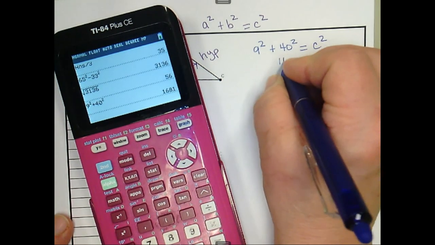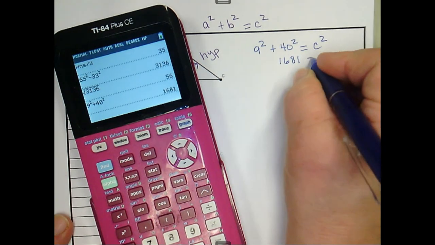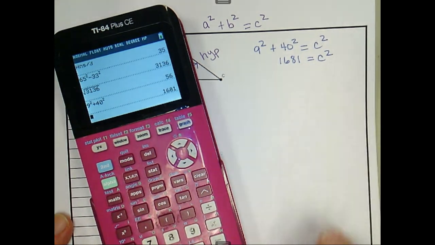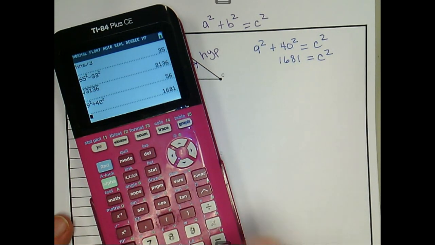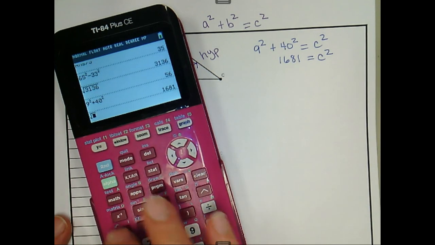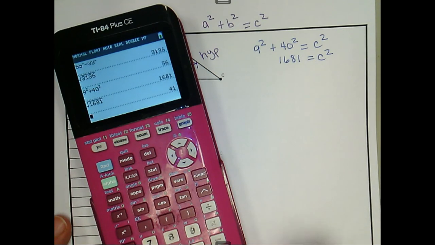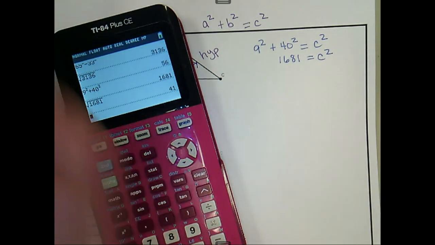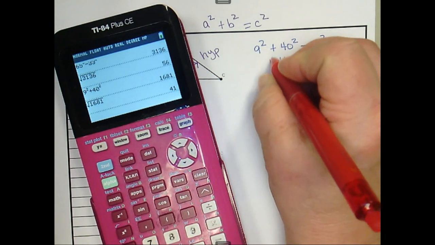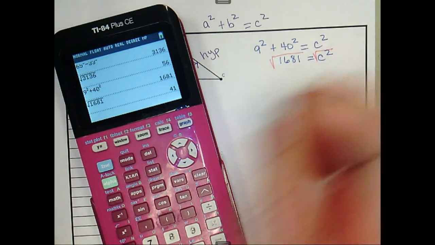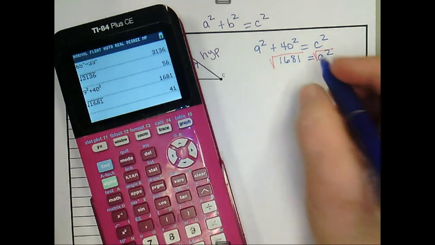So 1,681 is equal to c squared. Is it a perfect square? I don't know. Let's see. 1681. It is 41. So when I take the square root of both sides, 41 is equal to c.